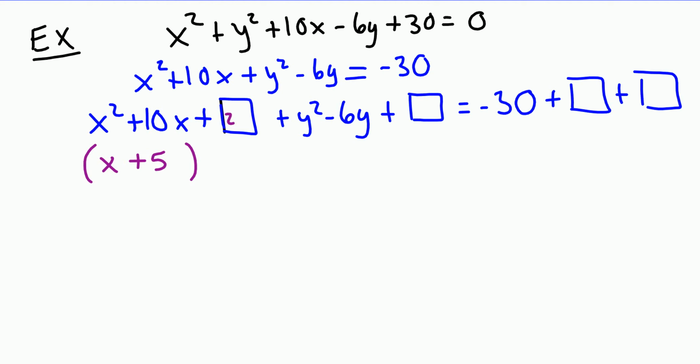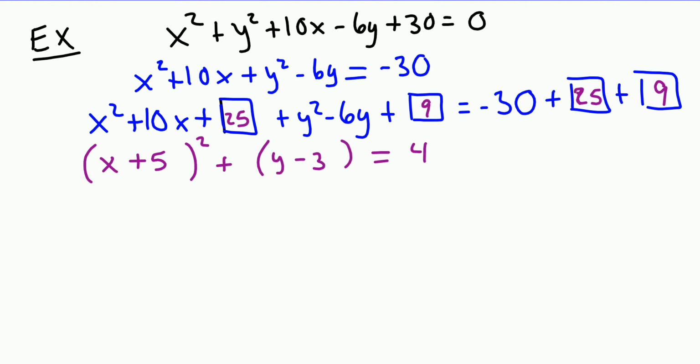Square it and add it to both sides. Bring down your y. Half of negative 6 is negative 3. Square it. Add it to both sides. Negative 30 plus 25 plus 9 is 4.